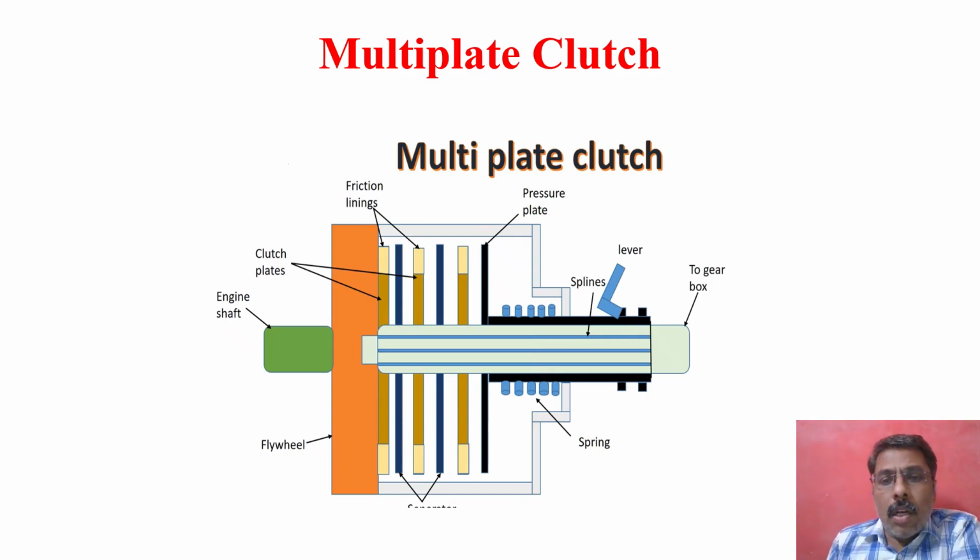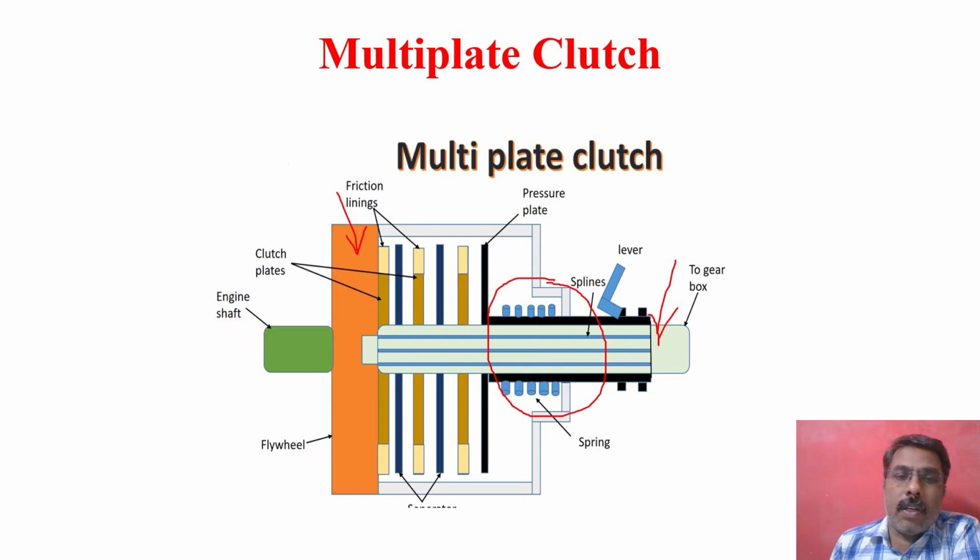The spring force continuously exerts force to retain the engagement between the flywheel and the driven shaft. It means the engine power is continuously transferred to the driven shaft by the engaged clutch plate. Once it is disengaged, the power is not transferred from the engine shaft to the driven shaft.